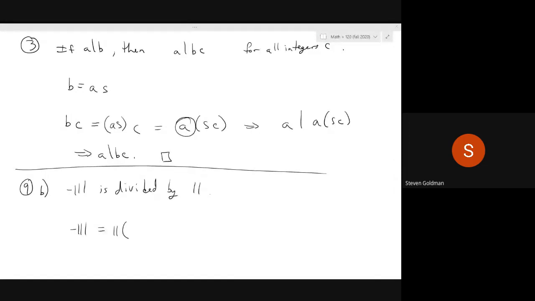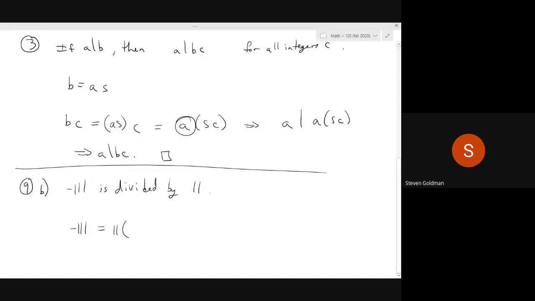10 times, right? The only problem is if we make our quotient 10, well, actually it would have to be negative 10. If it goes in negative 10 times, then your remainder will have to be negative.